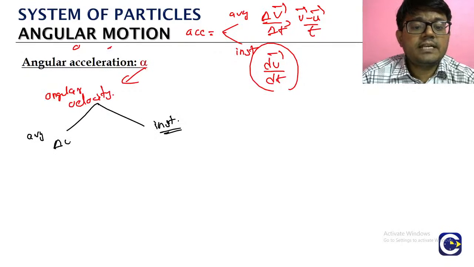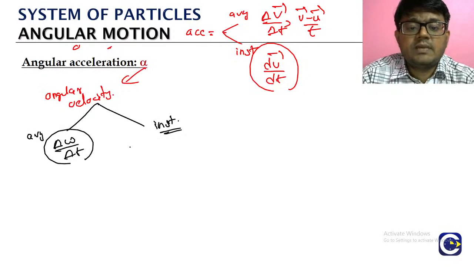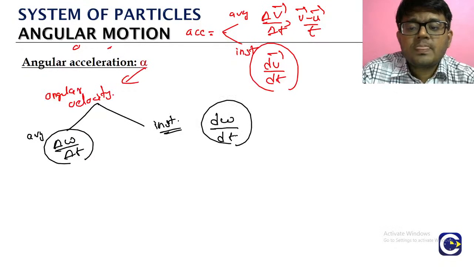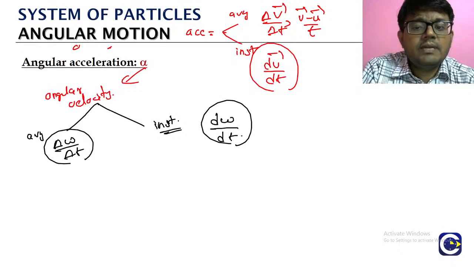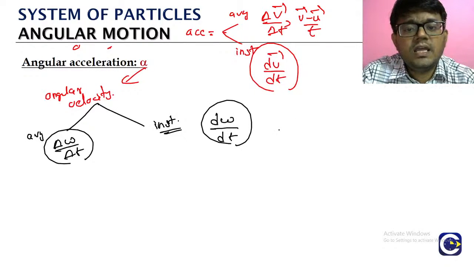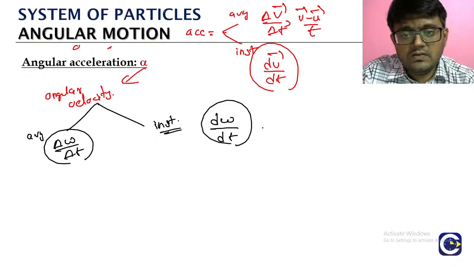Average is the change in angular velocity, delta omega by delta t, for a measurable time interval. Instantaneous is for a differential time interval dt, where d omega is the change in the angular velocity. So d omega by dt is the instantaneous angular acceleration.